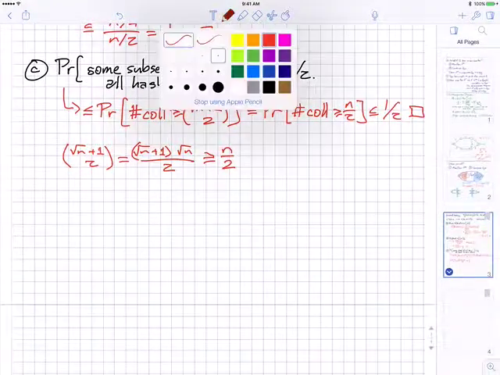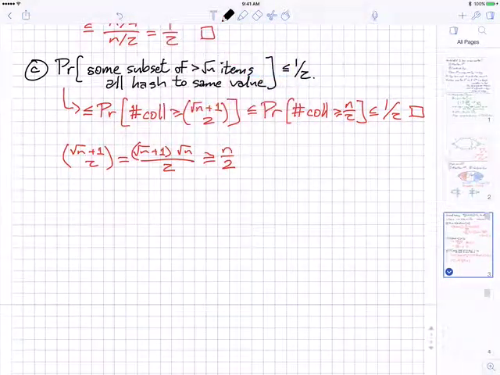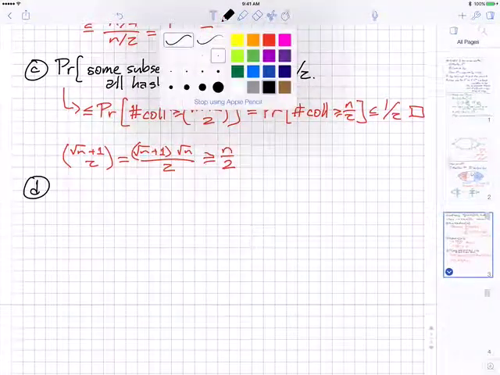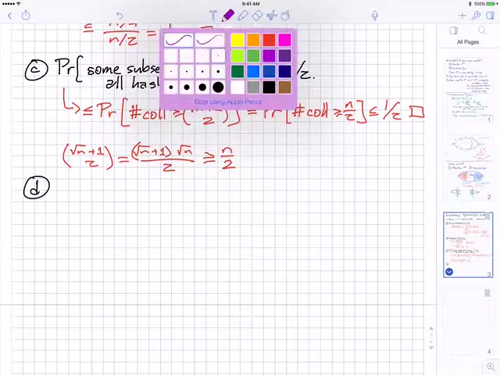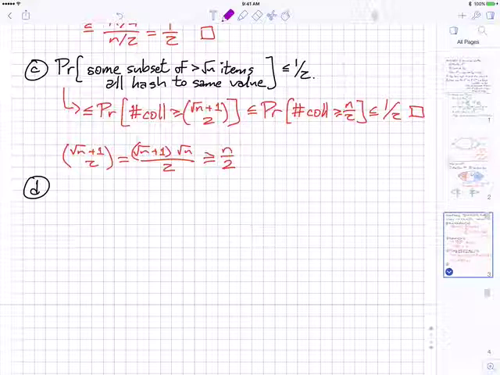Now, the last question in this, there was a bug in the original version that I asked on the exam, which meant everybody got lots of extra credit.